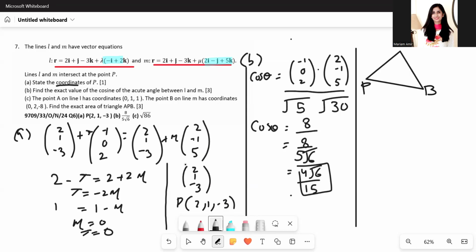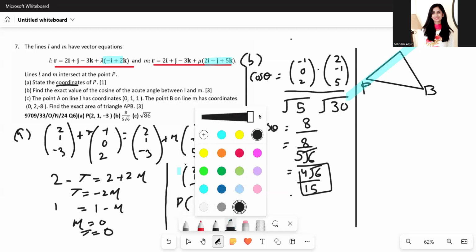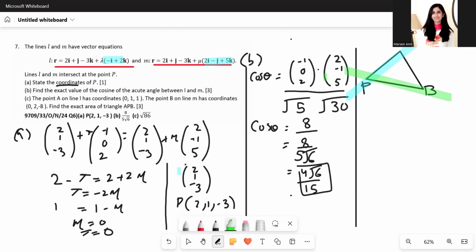We already have the angle between them because we're told that point A lies on line L, so this could be line L, and point B lies on the line M. So this would be the line M, and we already have the point of intersection, which is (2, 1, minus 3). And we also have OA and OB.